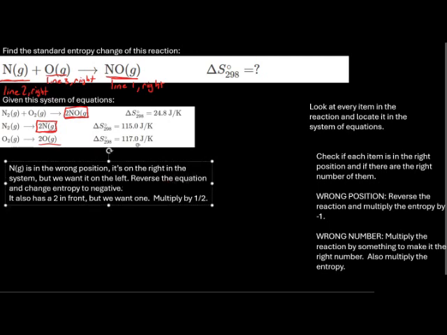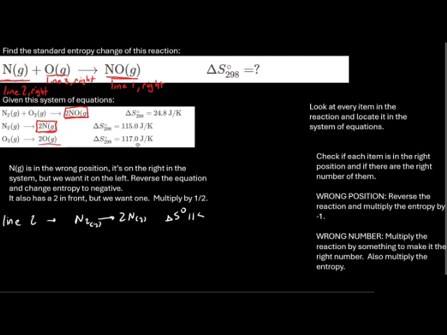So when we write out our old equation in line 2, it was N2 yields 2N gas. The change in entropy was 115 joules per Kelvin. But our new line 2, we'll write the equation backwards, saying 2N gas yields N2 gas, which would change our delta S standard to -115 joules per Kelvin.